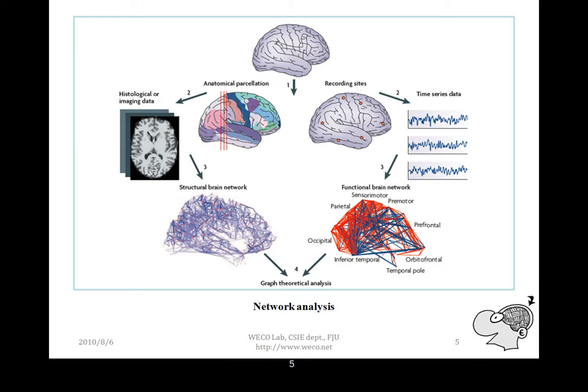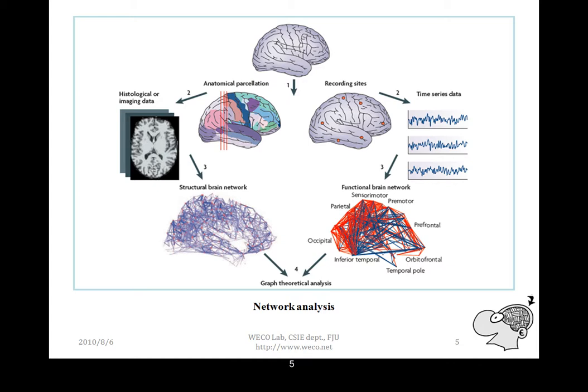In the human brain, we can record some phenomena by functional MRI or neural imaging techniques, or record brain waves by EEG. From the neural images, we can build a structural connectivity by the statistics of the image.